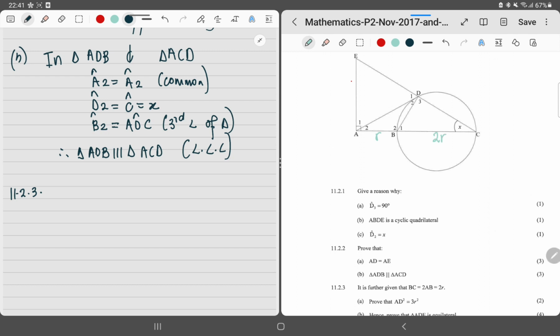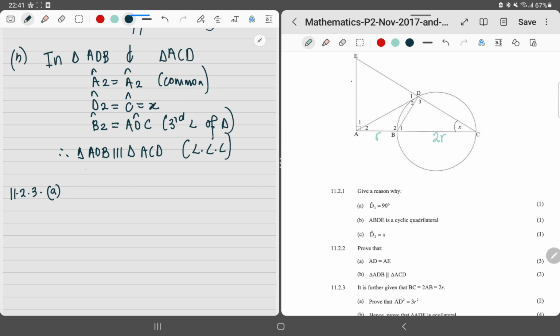So this is 2R. Okay, and then prove that AD squared is equal to 3R squared.